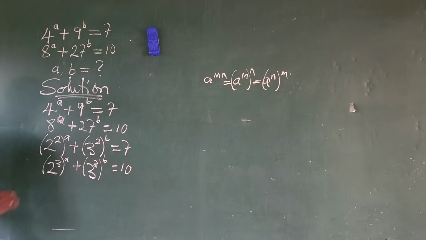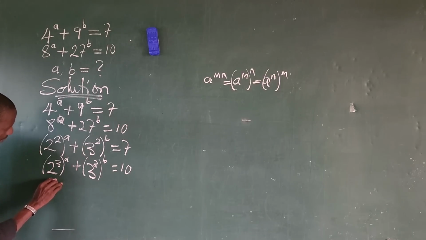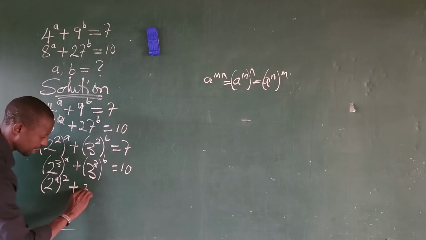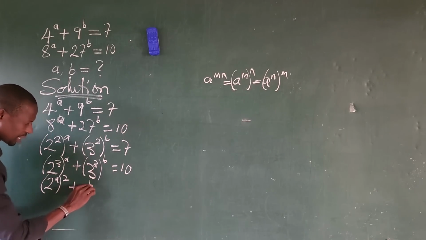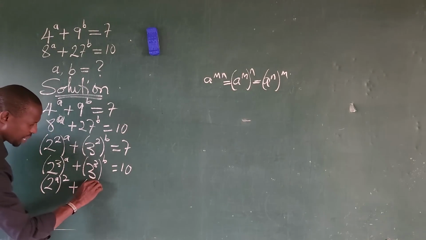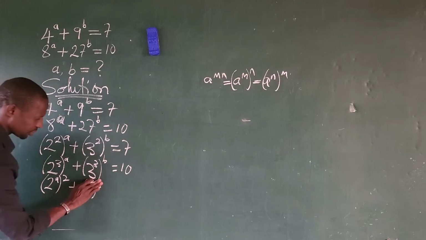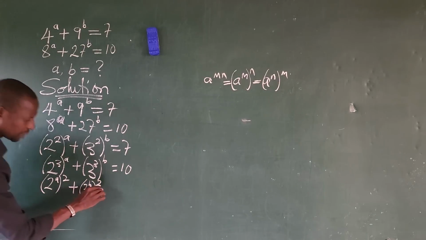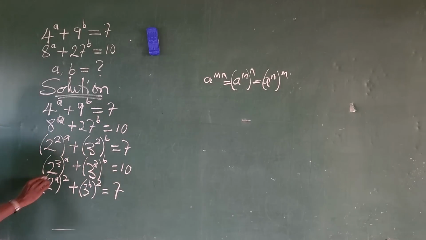Rewriting this will give us 2 to the power of a, in bracket, to the power of 2, plus 3 to the power of b, in bracket, to the power of 2, equal to 7.